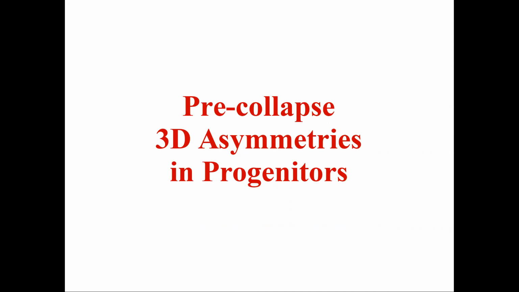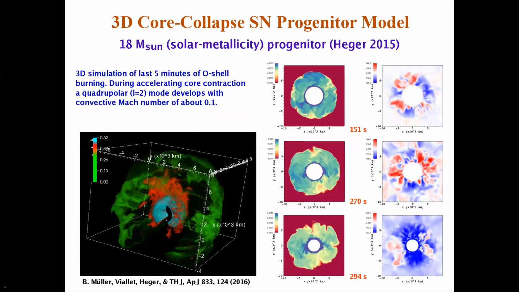The problem was and still is that all these progenitor models, the initial conditions we start our simulations with, are created by stellar evolution modeling. And as you know, stellar evolution modeling has to be done over millions of years, and that can only be done in 1D. But spherically symmetric initial conditions are not realistic. In order to create three-dimensional initial conditions, we had ourselves to go backwards in time.